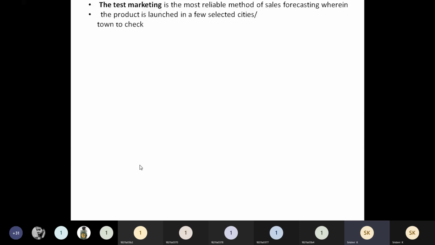And how the customers are feeling about that particular product can be known in that particular selected market.